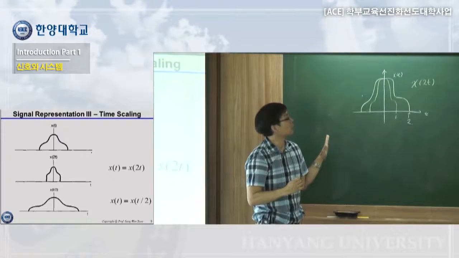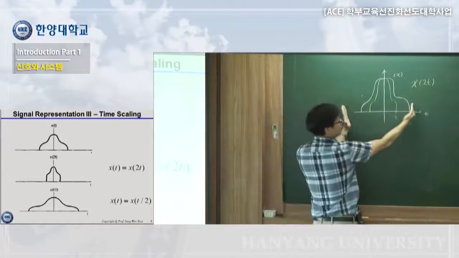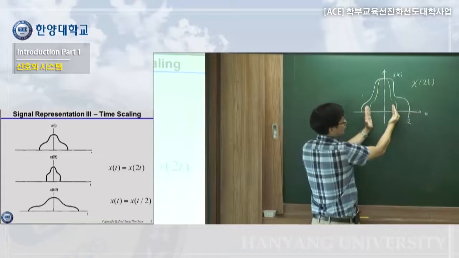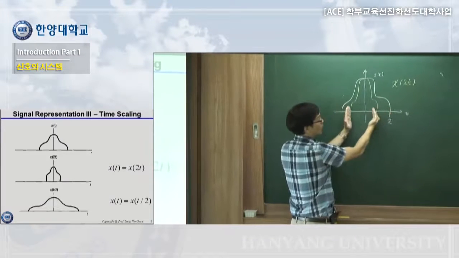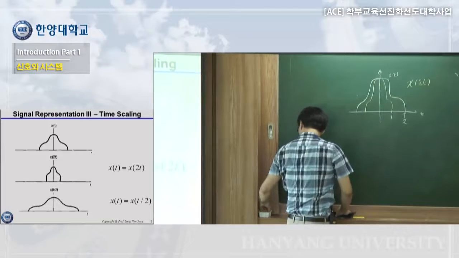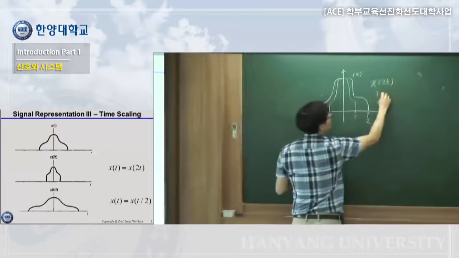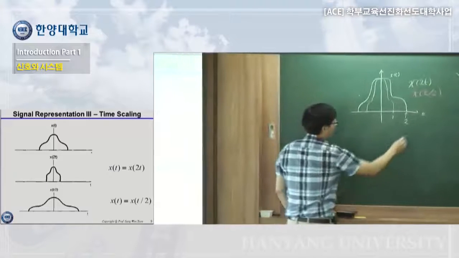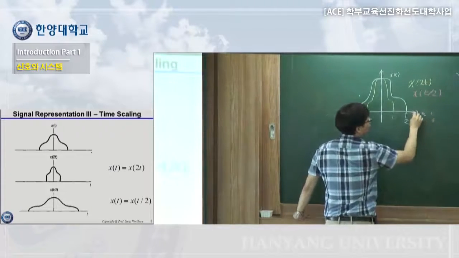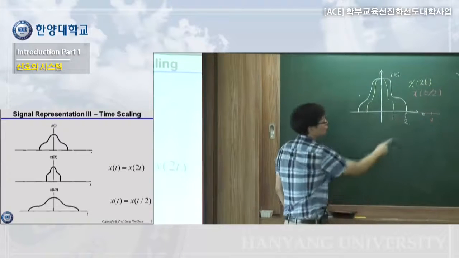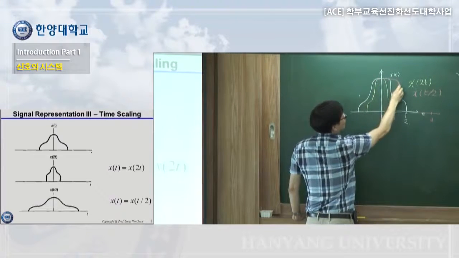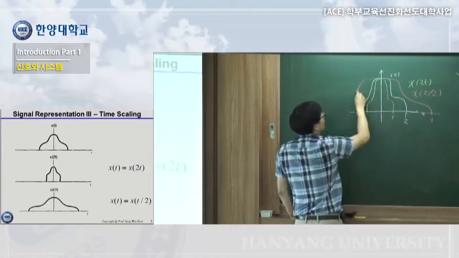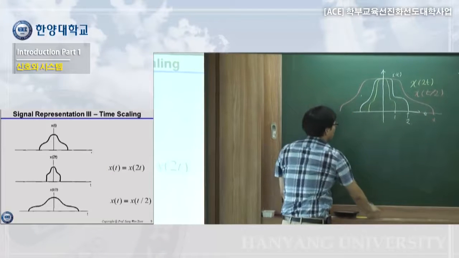So how can we find out? We can see that it is shrinking, squeezing down in the time domain. If you have x(t/2), we have to wait 4 to reach 2, so it will be extended like this.